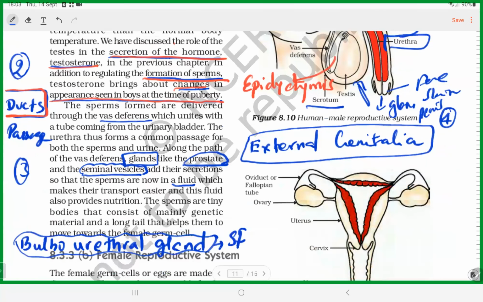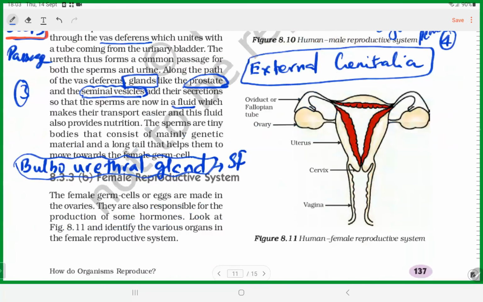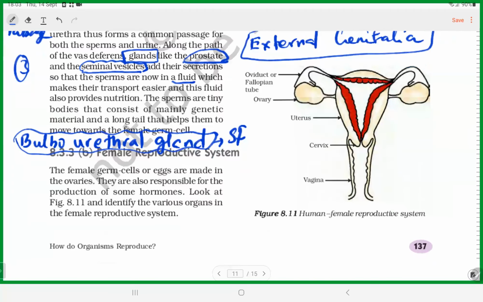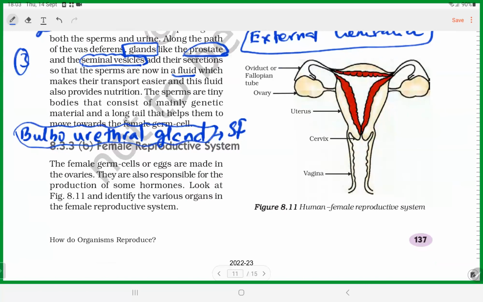The function of the penis is to transfer sperm into the vagina, insemination, the introduction of semen into the female reproductive tract. That is the male reproductive system, its components and functions.